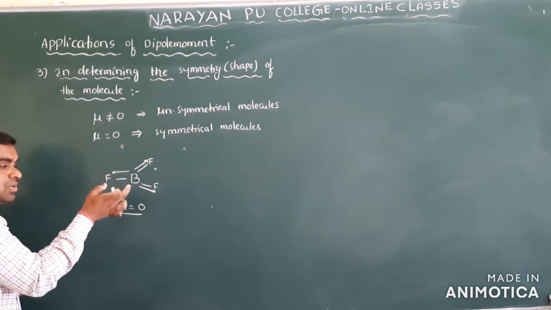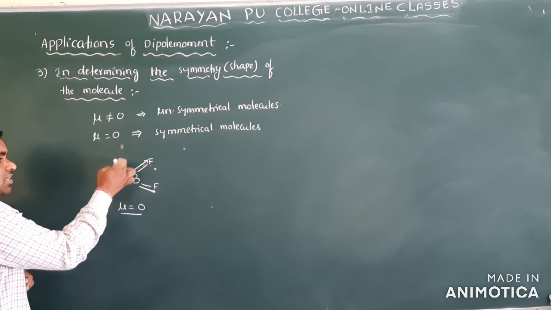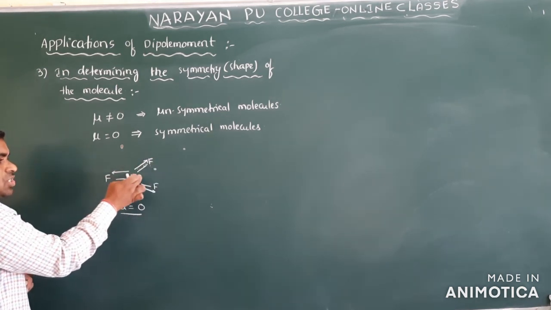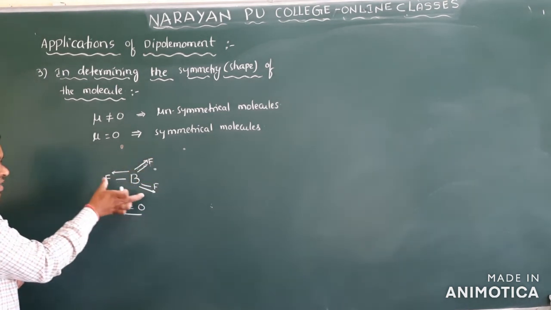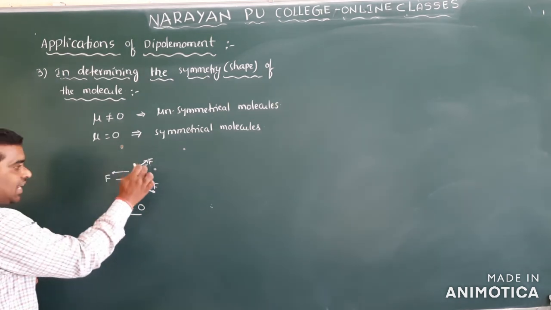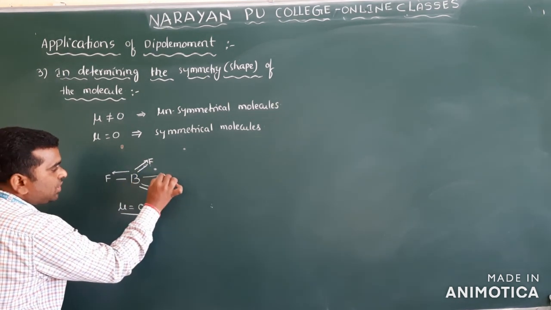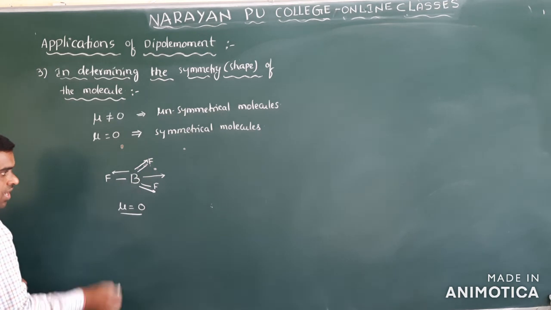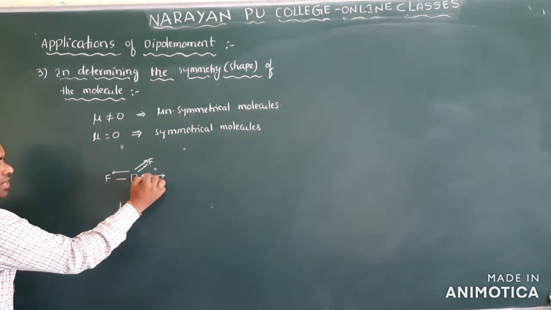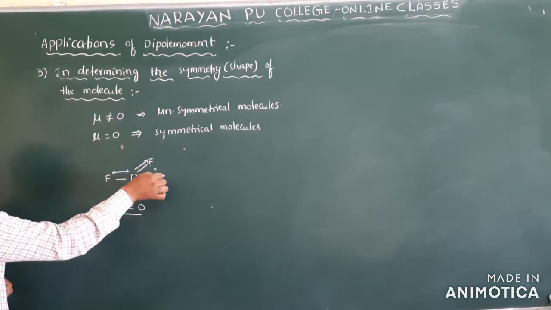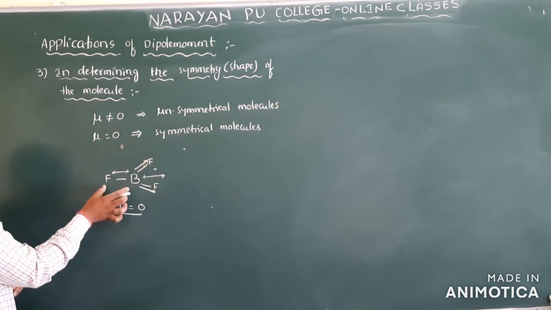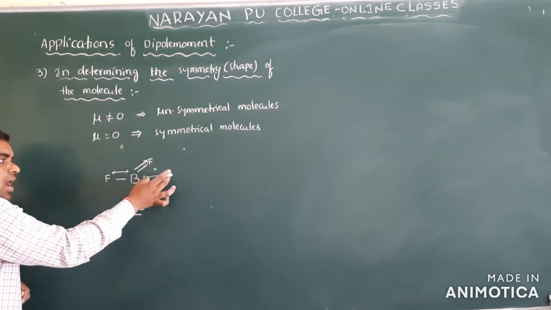The molecule will be symmetrical if the surrounding atoms attached to the central atom are similar. The resultant dipole moment in the direction of these two bonds and this dipole moment are exactly opposite and of the same magnitude, because this is due to the fluorine and this is also due to the fluorine.